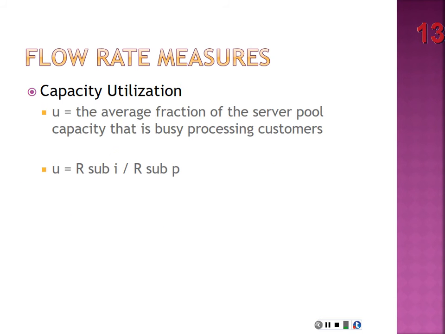Okay, and so then when we talk about utilization, it's the average fraction of the server pool capacity that is busy processing customers. Okay, and what I would tell you in everything that we're going to study in the text, our inflow rate is going to be less than our processing rate because we're saying that we have a stable environment.